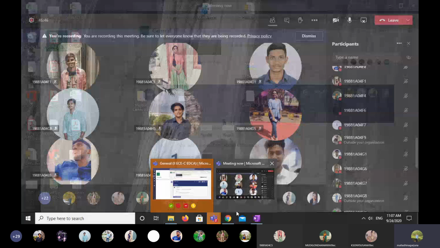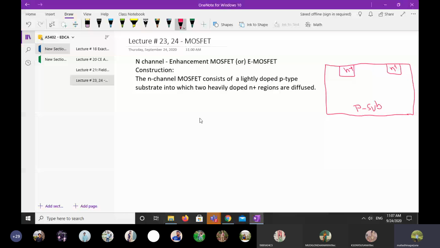Okay, N channel enhancement MOSFET. First we take a P type substrate. If we are taking an N channel MOSFET, we have to take a P substrate. If you take a P channel enhancement MOSFET, you have to take an N substrate, the opposite, and P regions will be diffused.